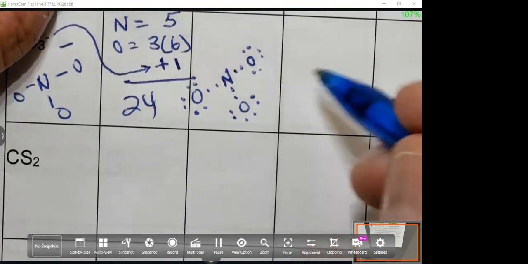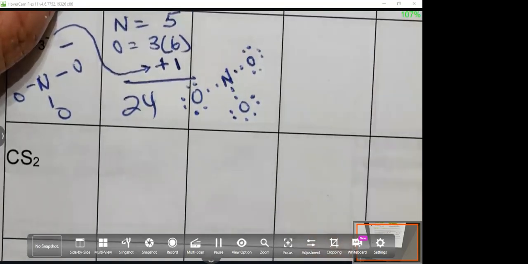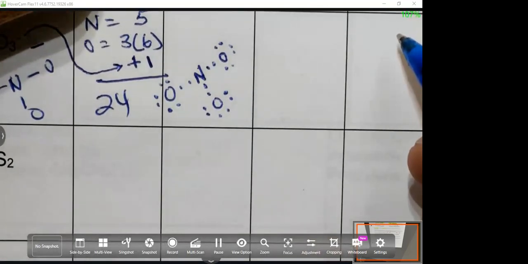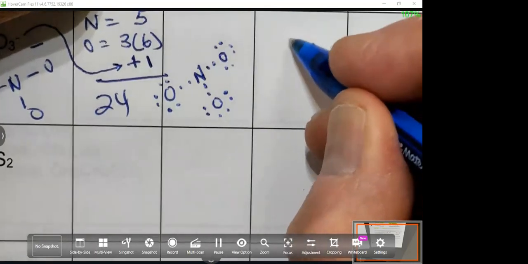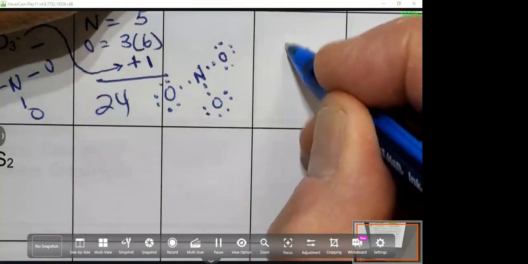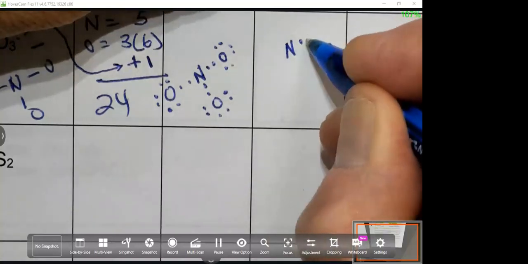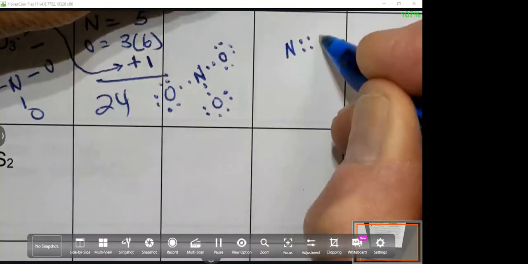So let me go up here. First of all, we'll put our resonance structure right here. So I'm going to just drop it in. It doesn't matter where you put the first one. We'll do it on the right side.